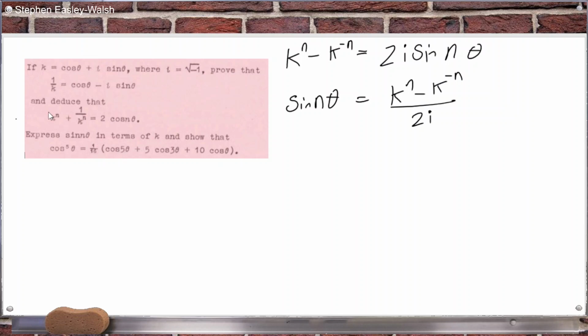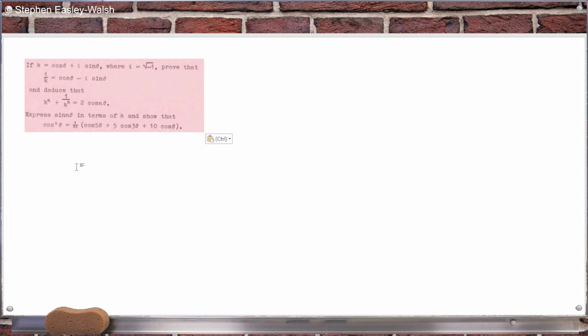So this cos 5 theta would be k^5 plus 1 over k^5, and the same goes here and here. But yeah, I'm going to prove it the way I usually prove it. I'm not sure if it's the best way for this question, but I just can't quite see what way they're leading me. So I'll just do it the way I usually do it here.